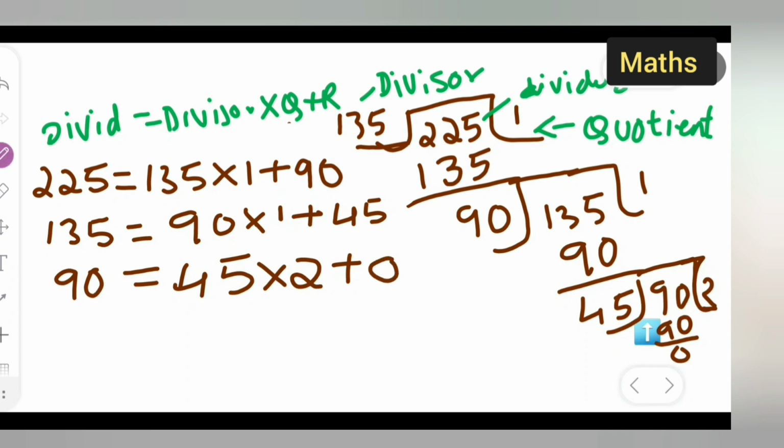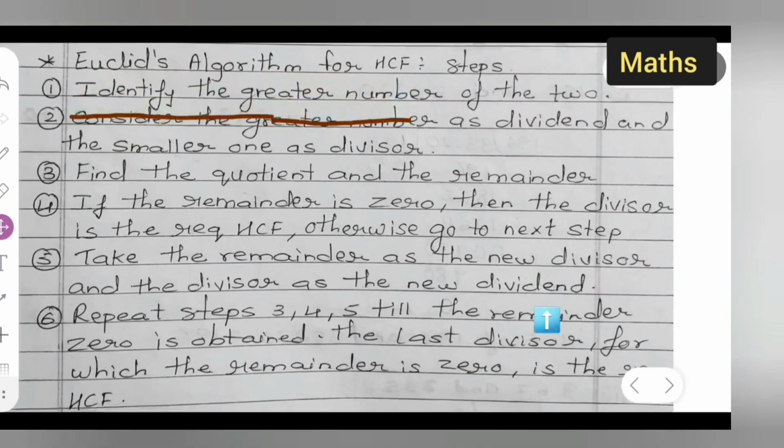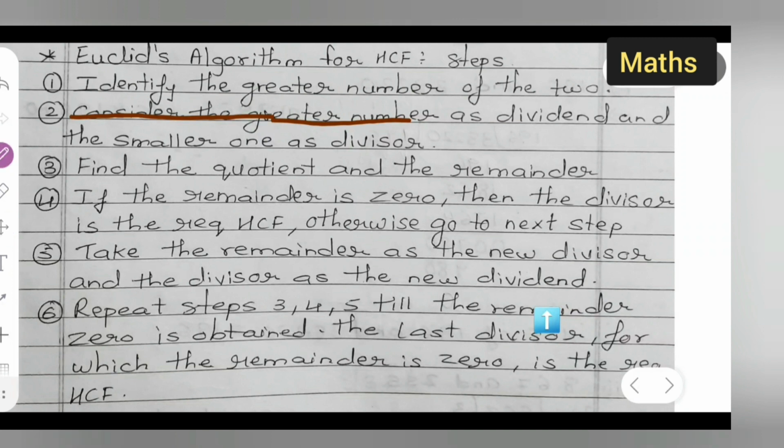The final statement will be: therefore, the HCF of 135 and 225 is 45.